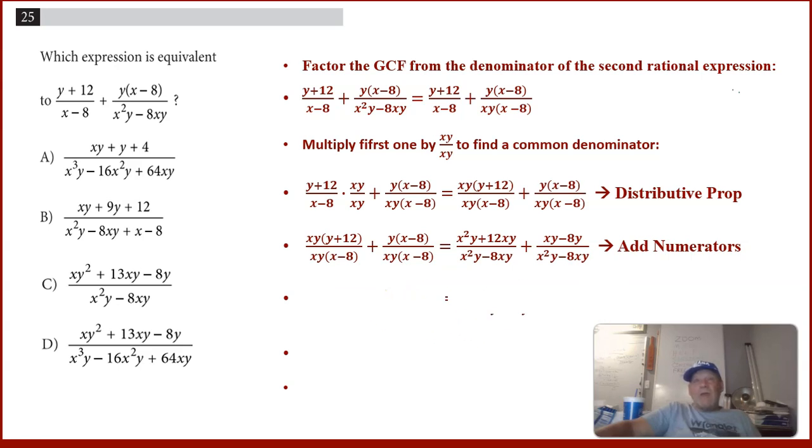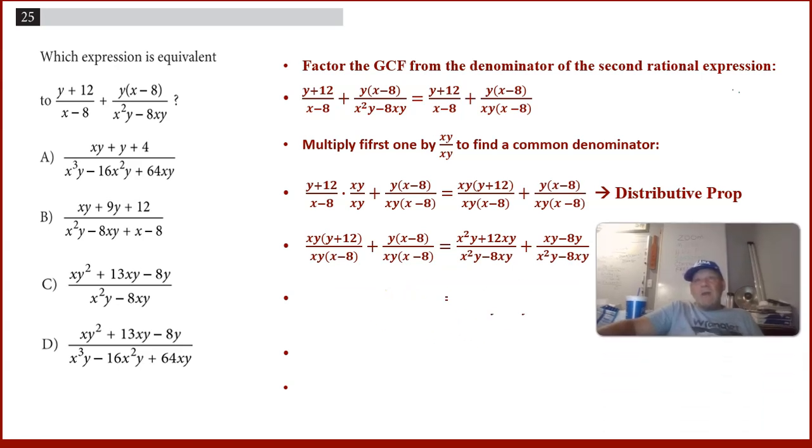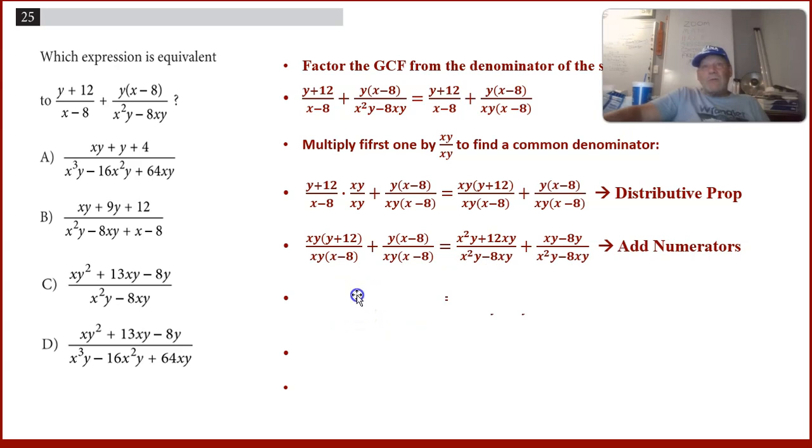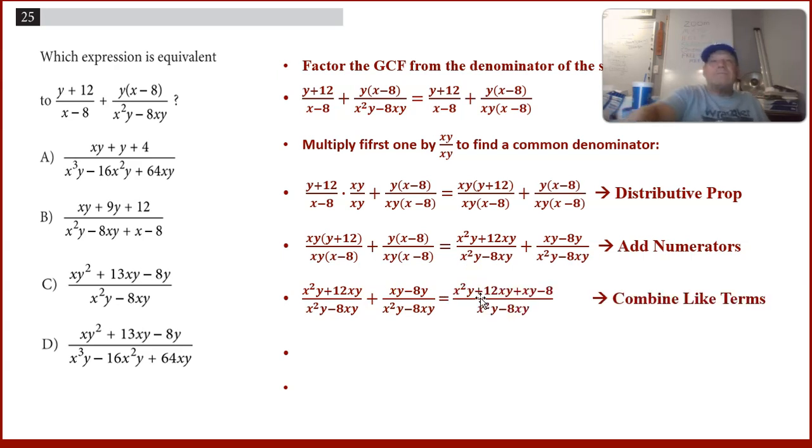And that is called a common denominator when the denominators are the same, and you're able to add the numerators. So when I do that, I end up getting x squared y plus 12xy plus xy minus 8 over x squared y minus 8xy. It's the common denominator.